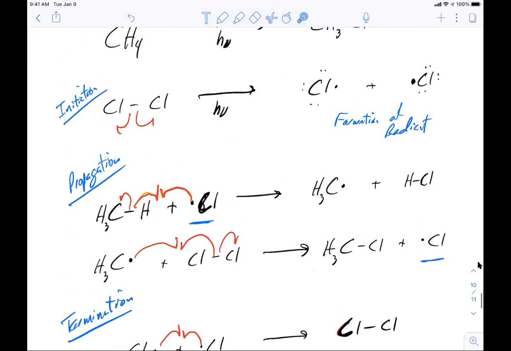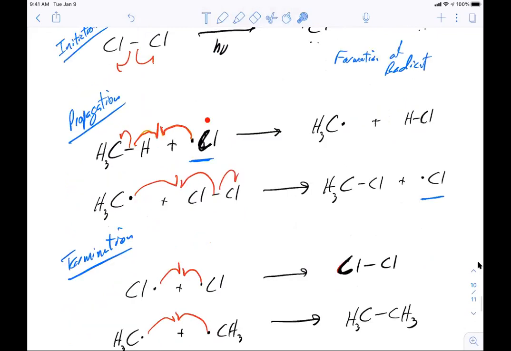Initiation is usually pretty straightforward. There's going to be initiation where we end up dividing some type of molecule homolytically. Halides are known for this. So chlorine, bromine, iodine, you hit them with some light, you can form the radicals. Propagation is going to start with one radical, do some type of process, and then result in the same radical.